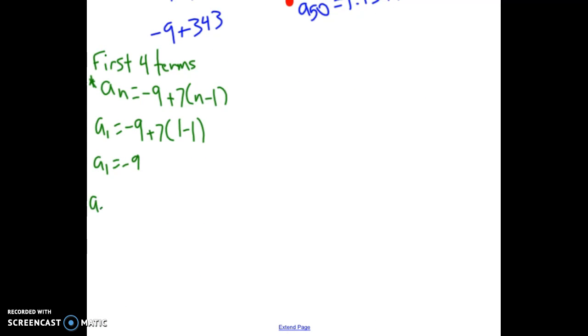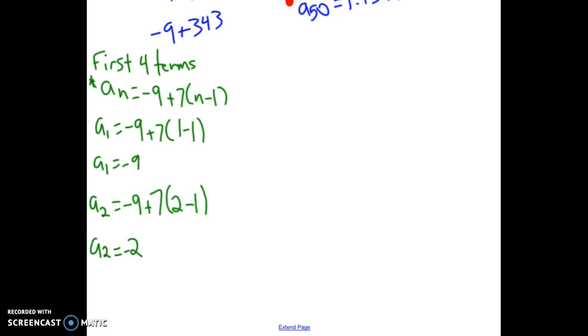The second term, you still do the math. A sub 2 equals -9 plus 7 times n minus 1, but instead of n I'm going to put 2 minus 1 because I'm trying to find the second term. 2 minus 1 is 1, 7 times 1 is 7, -9 plus 7, a sub 2 equals -2.